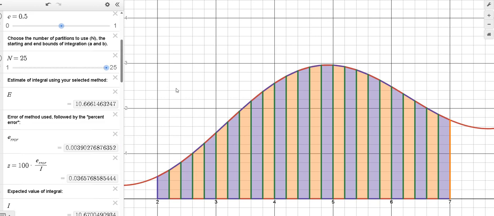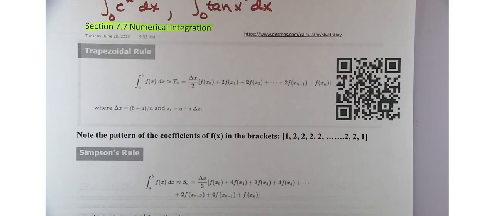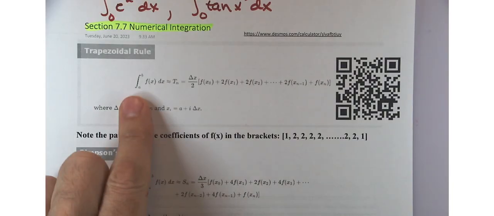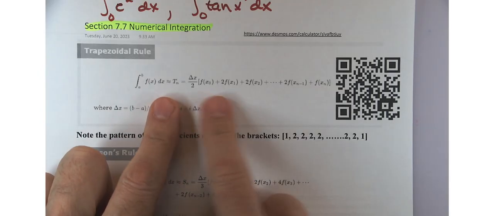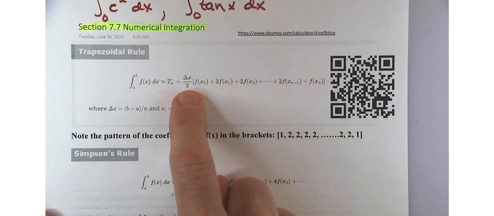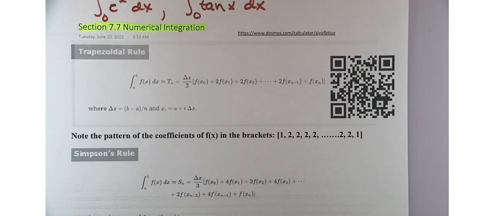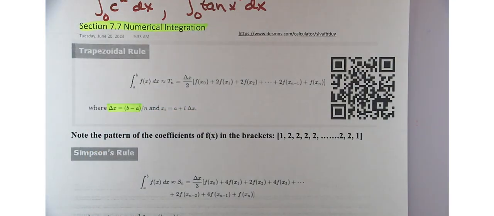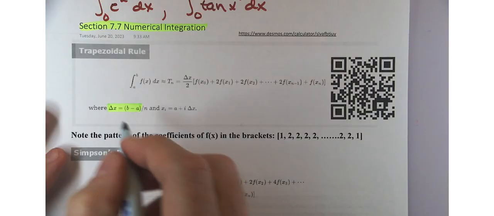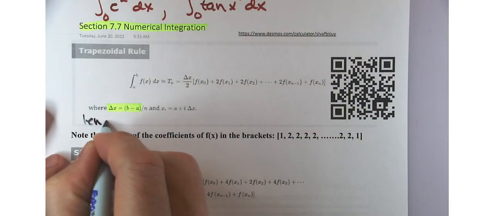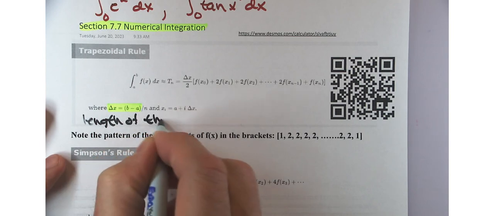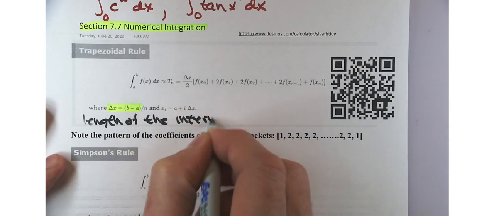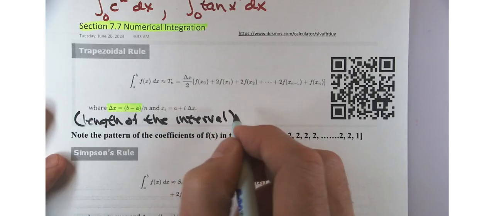So people have industrialized this formula. They've analyzed it and said, you know what? If we wanted to find this, then we can approximate it this way. So you're going to take delta x, that's going to be the length of our interval, divided by n. I take the length of the interval and divide it by the number of intervals.